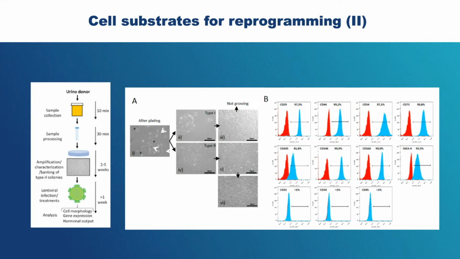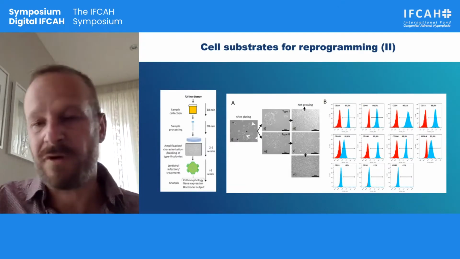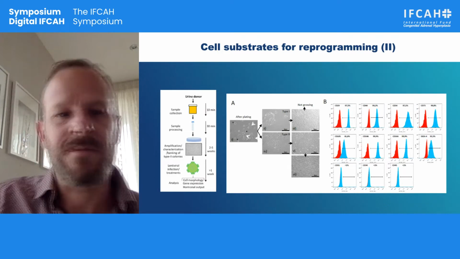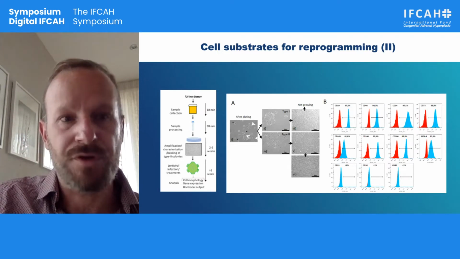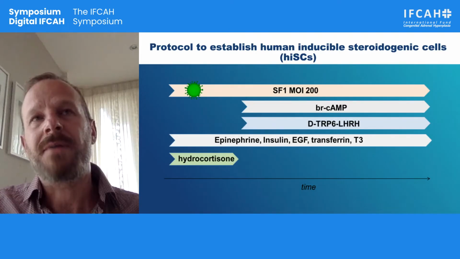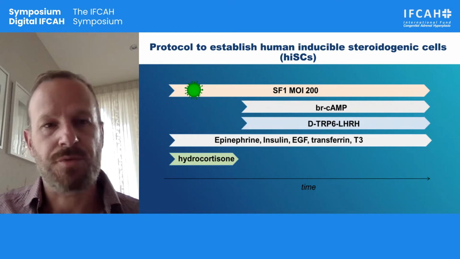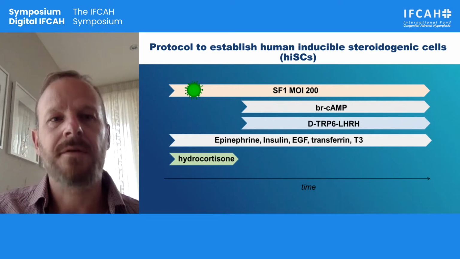So for most of the studies in our laboratory, we've been using urine-derived stem cells, and for a minority of cases, we've been using fibroblasts and blood-derived cells. Our approach was very much trial and error, based on what was already present in the literature.